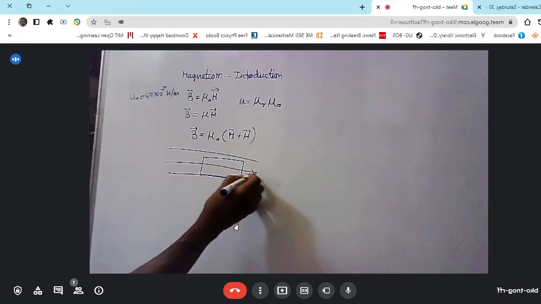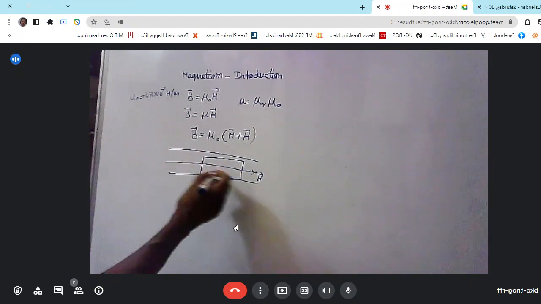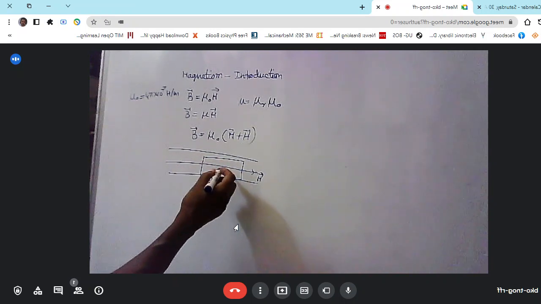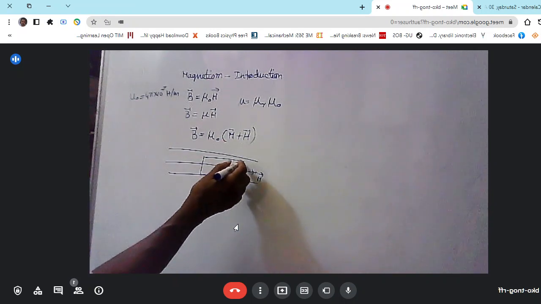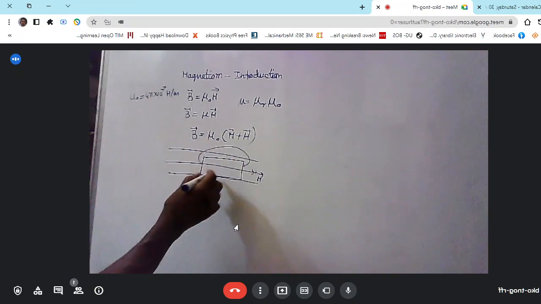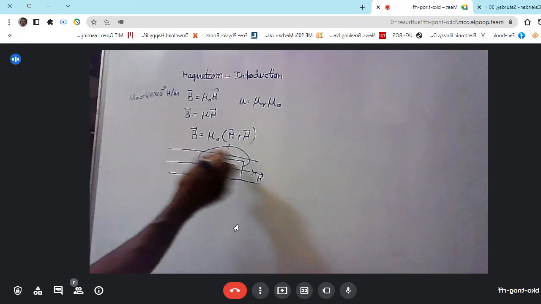The field strength is capital H, and here you have magnetization, that is dipole moment per unit volume, capital M. So it also gives rise to some magnetic field, which will be denoted by some lines in the opposite direction to that of the external lines we have here.